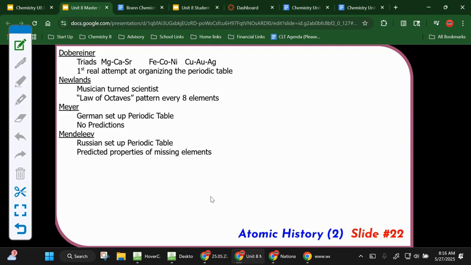So you can't explain something, so you just left a blank and you expect us to buy that. He's like, no, I'll tell you what. When they find this element right here, here's going to be its mass, here's going to be its properties, here's going to be its density. And when they started finding them and he was right on all of those things, they're like, okay, we'll give you credit for the periodic table. Because he predicted elements that had yet to be found.